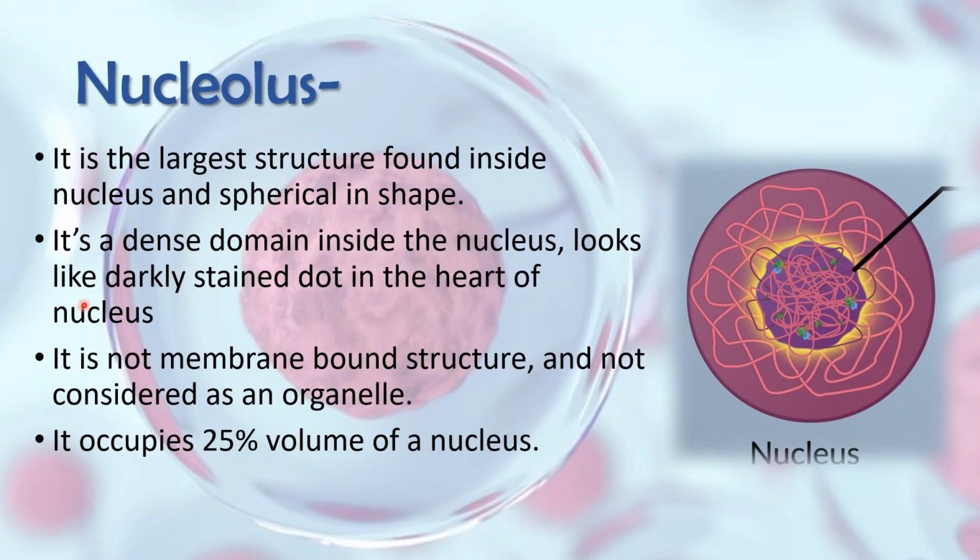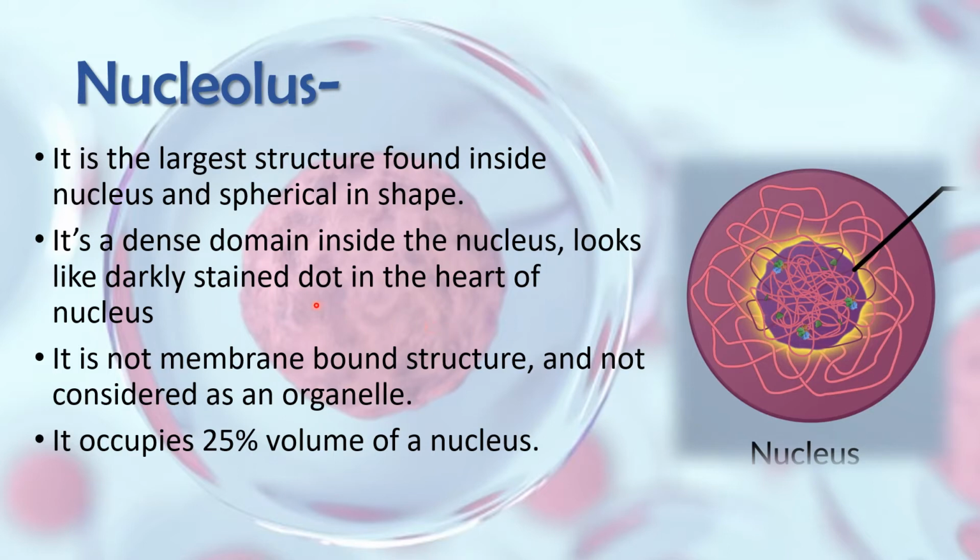Don't think of it as a kind of structure; it is just a domain, or region, forming the nucleolus. It looks like a darkly stained dot in the heart of the nucleus. This one.